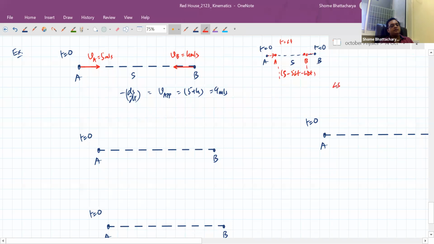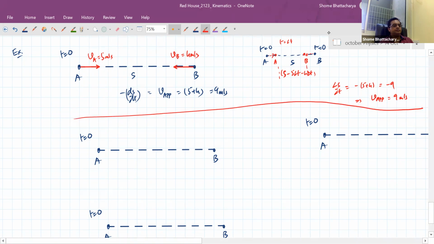So you can see that the rate of change of distance with respect to time is minus of 5 plus 4. So that means they are having an approach velocity of 9 meters per second in this case. Because if at t equal to 0, the distance between them was s, then at the new time, the distance between them is decreased by this much now.